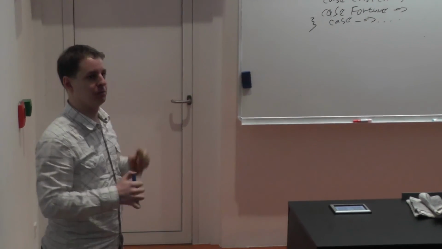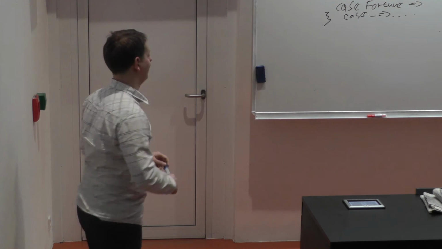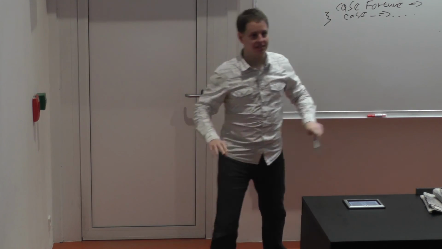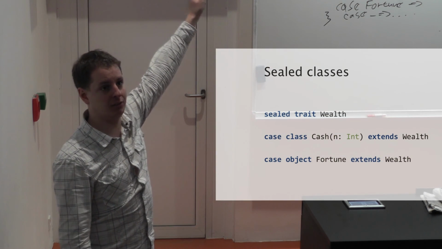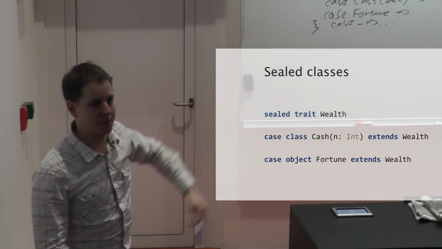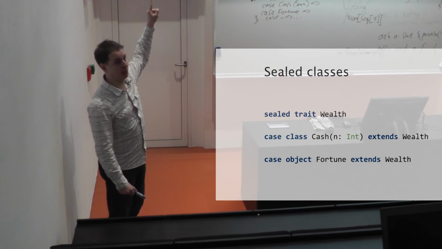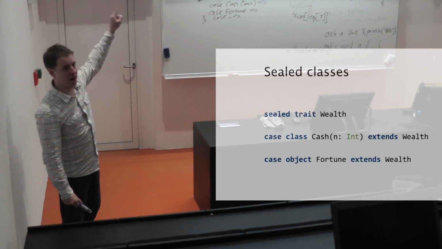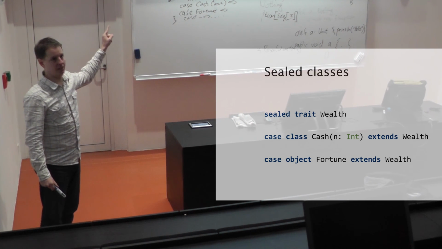So the authors of the language chose to let you say to the compiler, yes, that is okay. The wealth might be only Cash or Fortune, and that's it. And you can say that by putting a sealed keyword in front of the trait or something else. This tells the compiler all of the subclasses of Wealth are in this file, and there will never ever be any other.